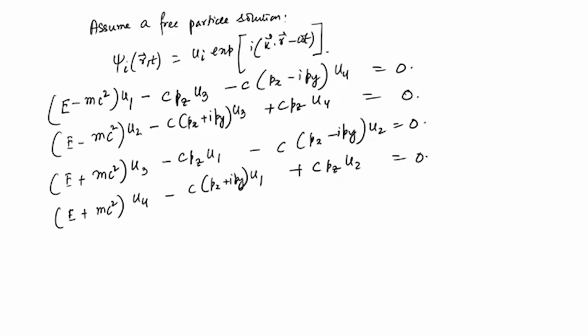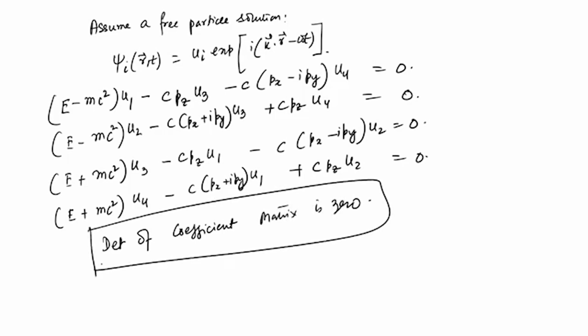Now, they have a unique solution only when the determinant of the coefficient matrix is 0. And this gives us these unique solutions, for which there are two energies, E plus and E minus. Corresponding to E plus, we have E equal to plus, the plus sign in front of this.